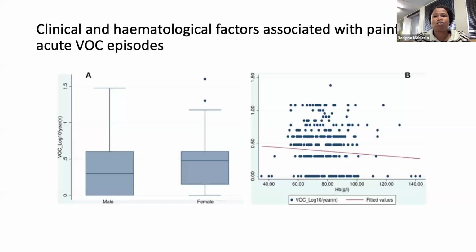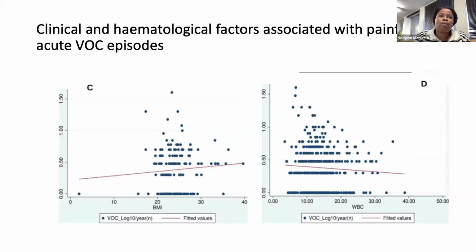And then we also saw a correlation between the hemoglobin level and the number of vaso-occlusion crisis, which has already been published in the literature: the level of hemoglobin in your blood count does correlate with the number of VOC, whereby if you have a high level of hemoglobin, you'll have fewer VOC compared to the one with a low hemoglobin level.